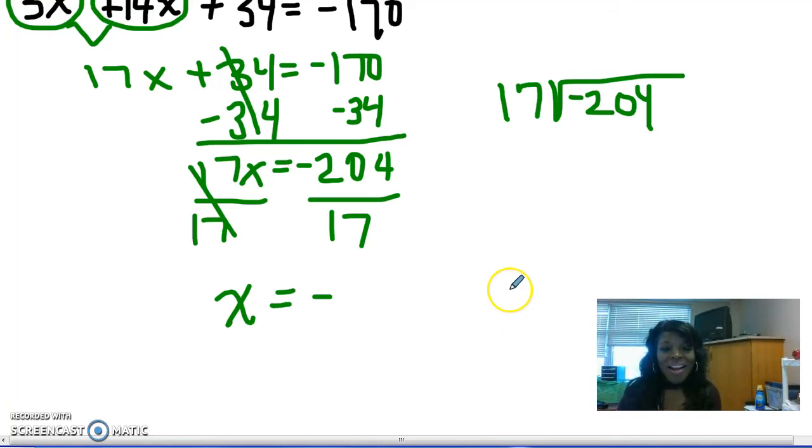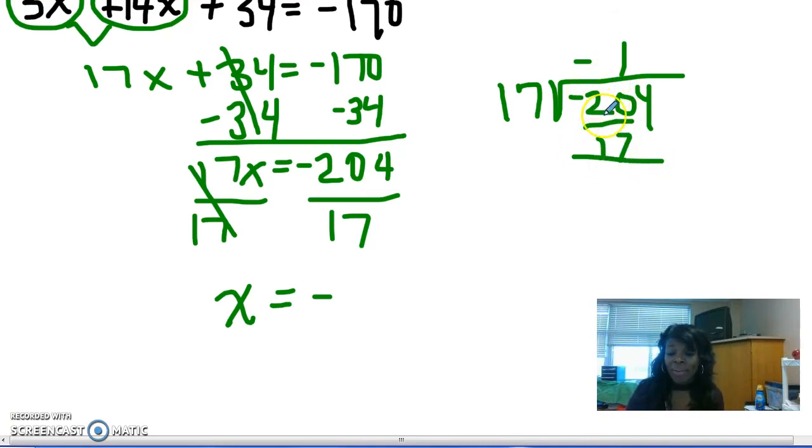Okay. All right, so 17, and again, I have a negative quotient. 17 doesn't go into 2, but it goes into 20 once. And I want to put the 1 over the 0 and not the 2, correct? All right, 17 take away, we have a 20, we're going to take 17 from 20. If you count up from 17 to 20, that's 3 numbers.